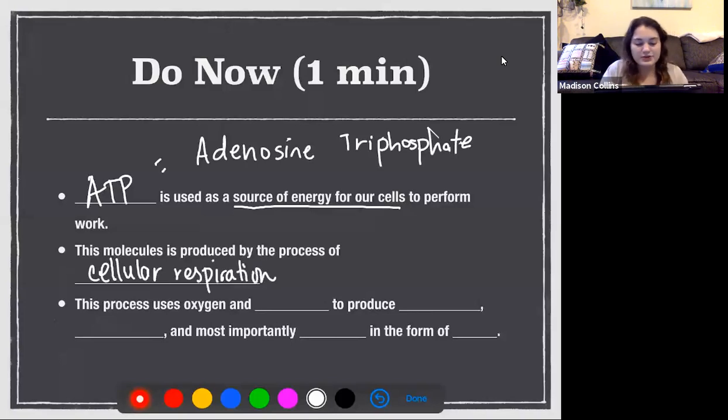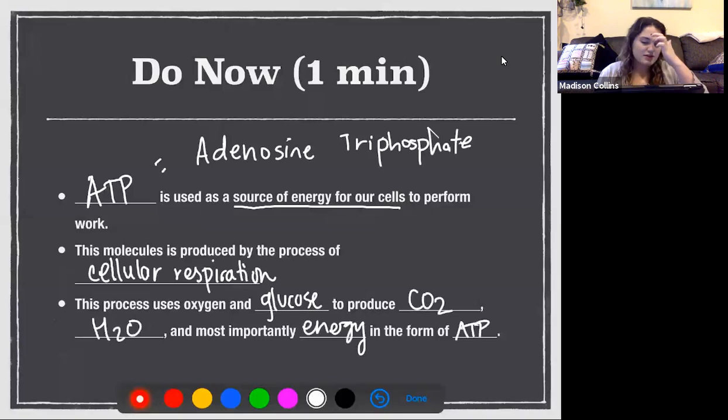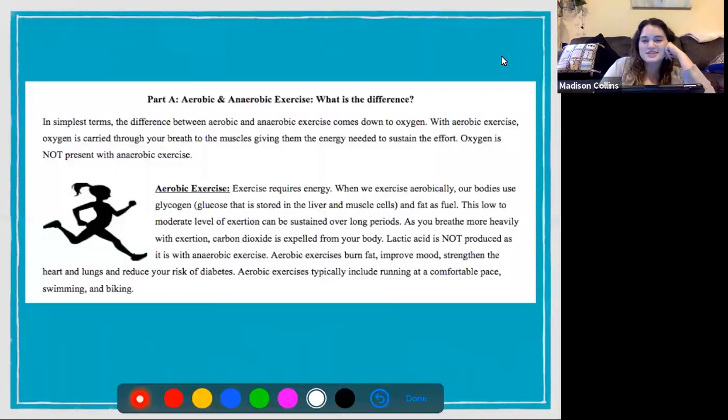And this process uses oxygen and glucose to produce carbon dioxide, water, and most importantly, energy in the form of ATP. So we know this, right? We know cellular respiration. We take in oxygen and glucose, they go into the mitochondria, they produce energy, yay. But what if I told you there's a way that your body can produce energy even without oxygen? Let's find out. All right, so that brings us to our passage.